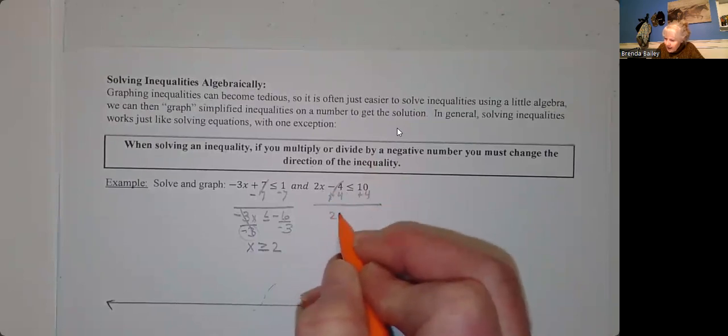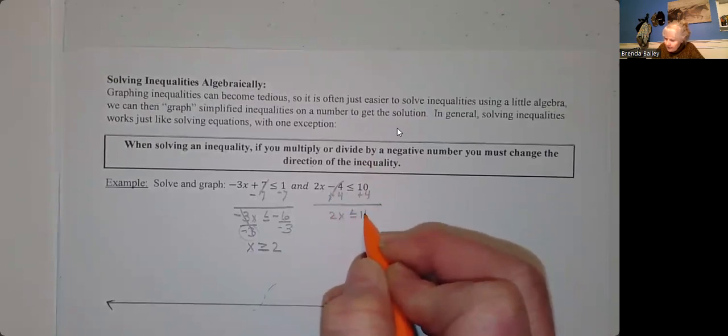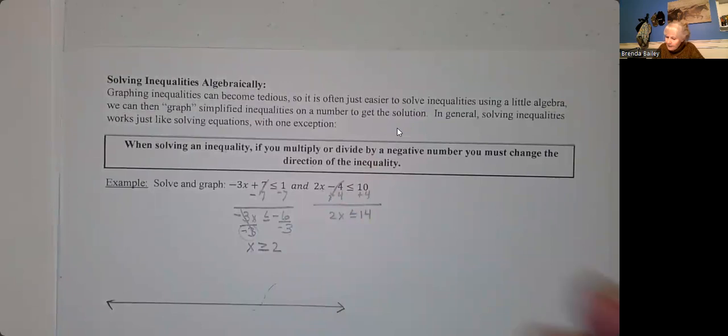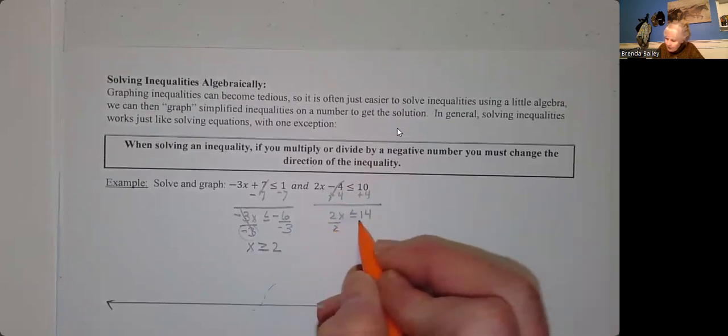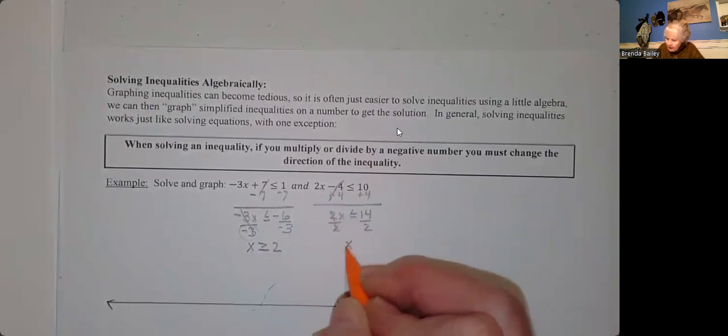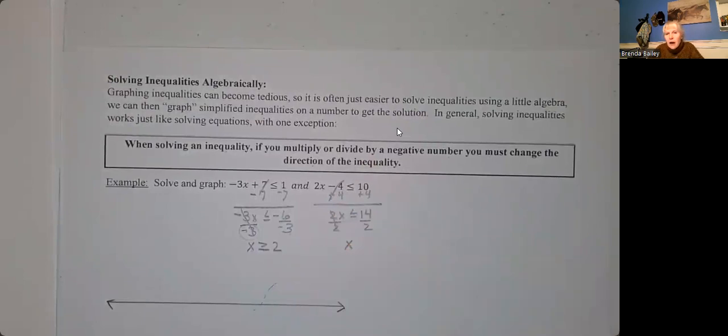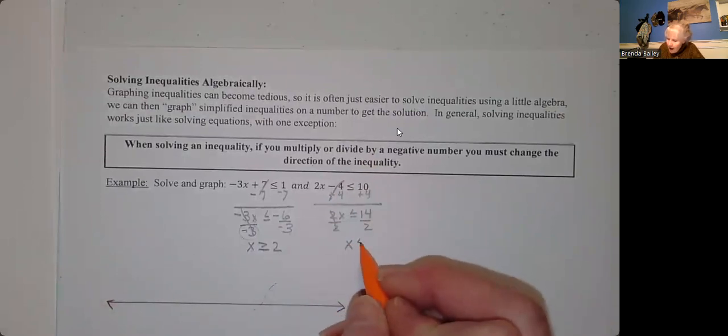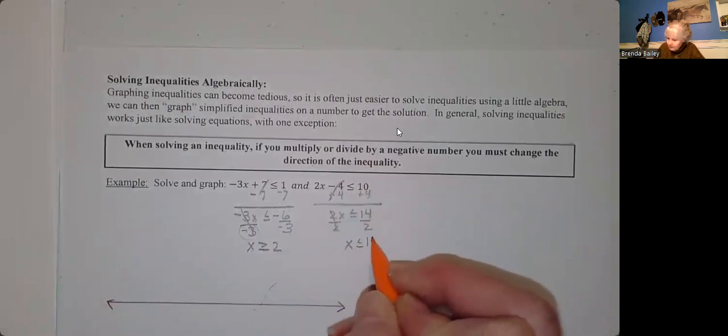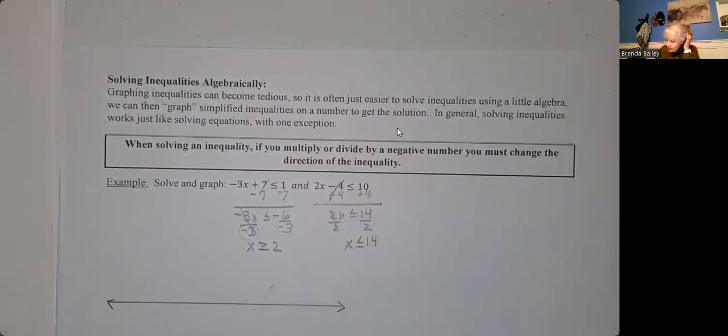So we have 2x less than or equal to 14. Then you divide by a positive 2. We're not going to flip the inequality. It's going to stay a less than because we did not divide by a negative. We divided by a positive 2. So x is less than or equal to 14.